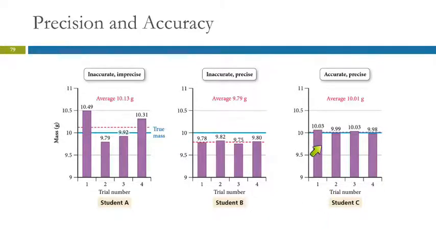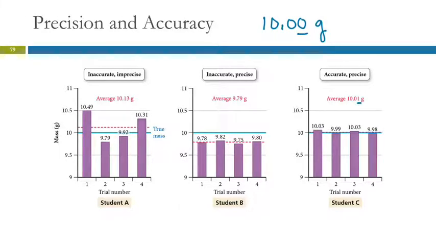And then here's student C. So student C got an average of 10.01 grams. That's really close to 10.00. Because when we look at the true mass being 10.00 grams, what digit is estimated in that? The last one. There is uncertainty in the 0.00 place. So this student came up with 10.01. Where's the uncertainty there?